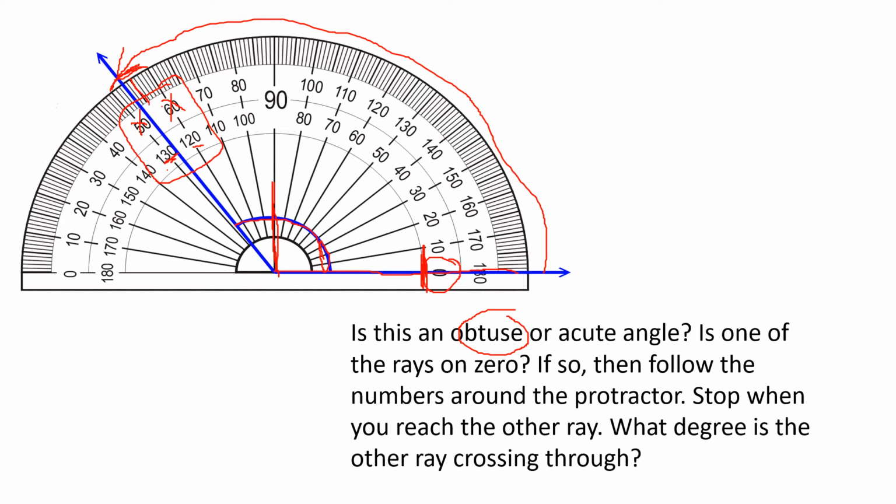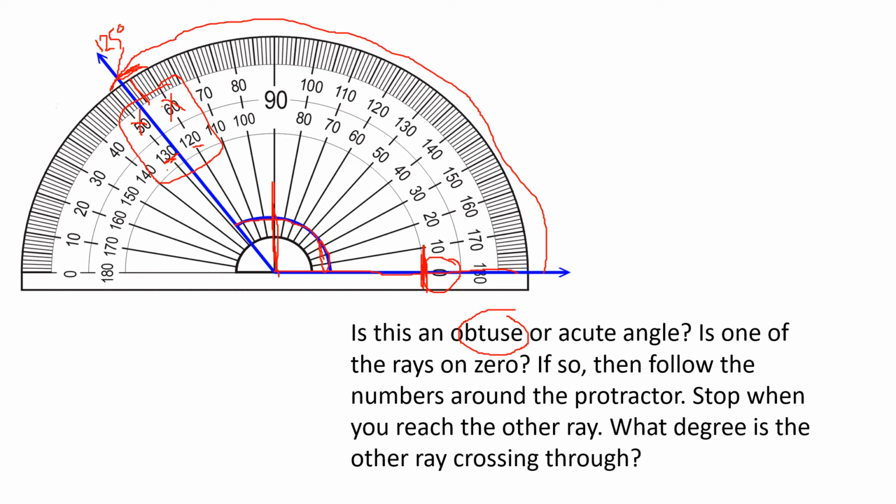Right here is a darker mark. This represents our 5s. So if we are looking between 120 and 130, that would make this tick mark 125 degrees. But as you can see, our ray is not going through our 125 degree mark.